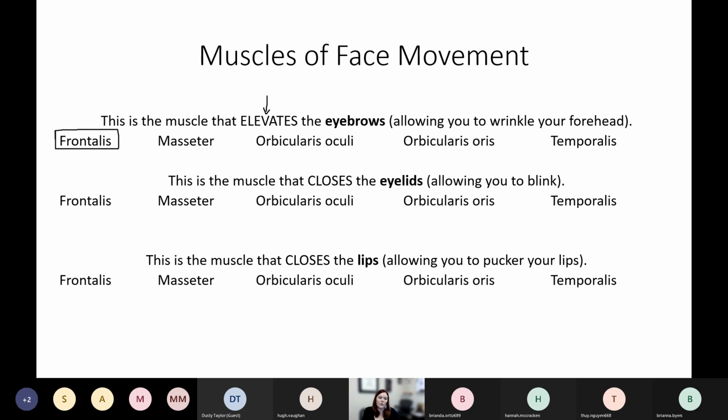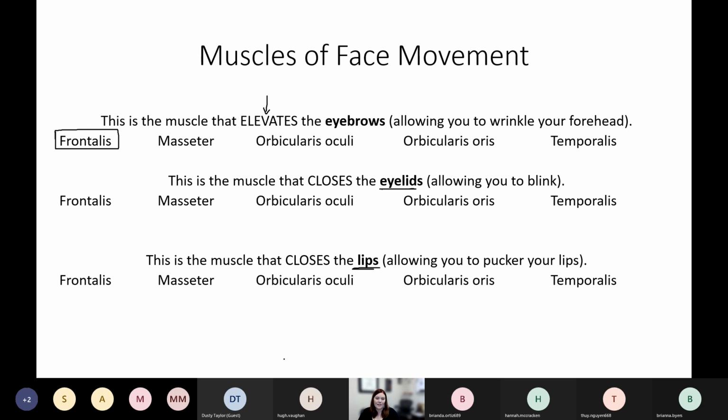If we're trying to close our eyes or close our eyelids, or if I'm trying to close my lips, closing things is best done by circular muscles. So help me out in the chat. If I'm talking about orbicularis oris, is oris going to close my eyes or my mouth?